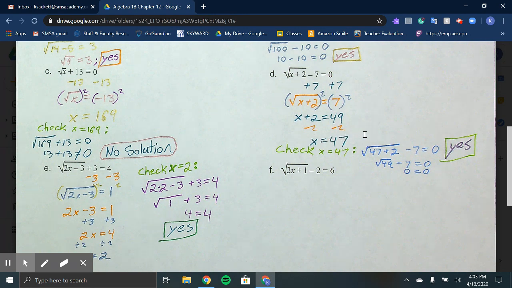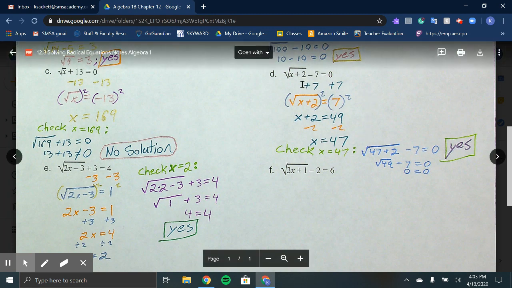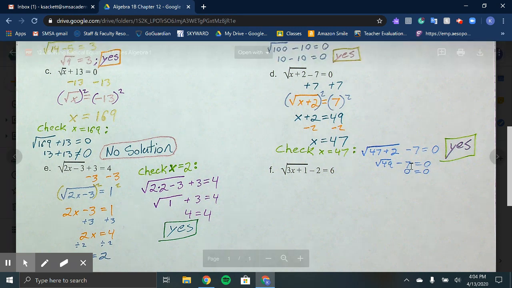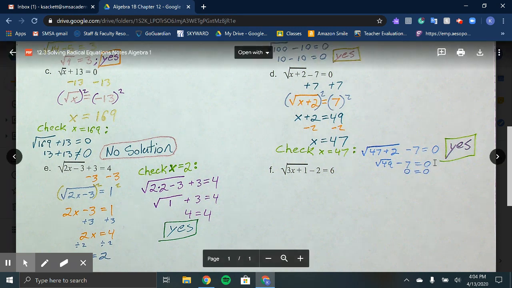Now we need to plug that back in to check. So take 47 and put it back into the original in place of x. So we have the square root of 47 plus 2 minus 7 equals 0. Square root of 49 minus 7 equals 0, which is 7 minus 7. So 0 equals 0. Yes, x equals 47 is a solution.